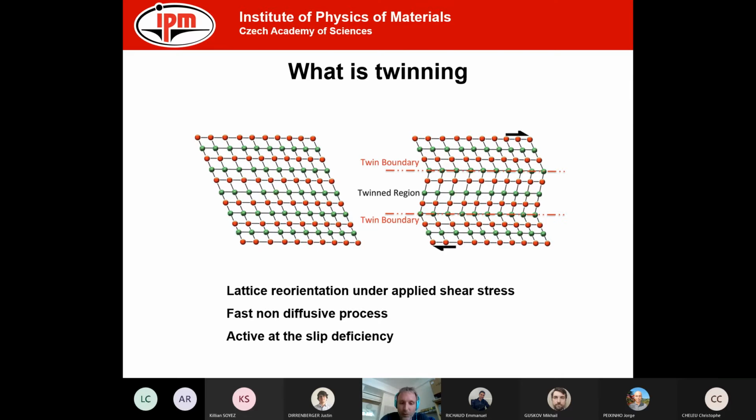Twinning is a non-diffusive process, and usually it is activated when there are not enough slip systems that can be active. So it's typical, for example, for HCP metals, or in the case of very fast loading, where, for example, the dislocations are not fast enough to keep up with the strain. Then the twinning is activated.